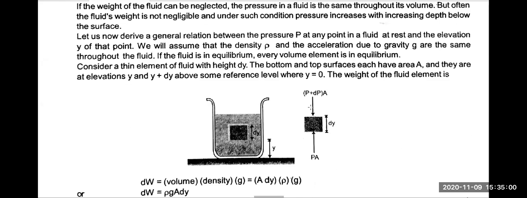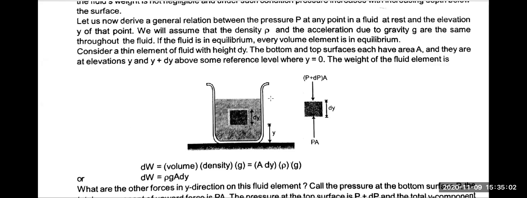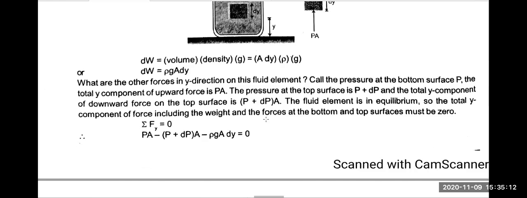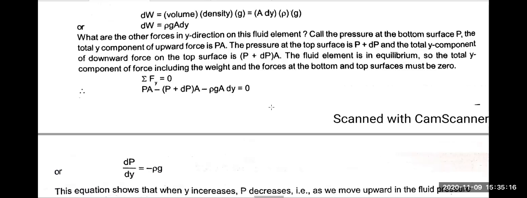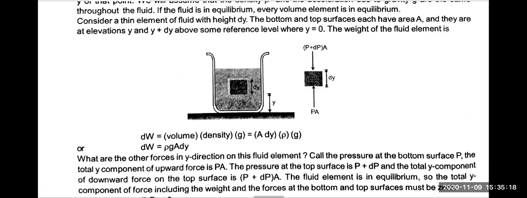Then we talked about the pressure exerted by any liquid at height h. The formula was rho gh. So as you go down, the pressure will increase.